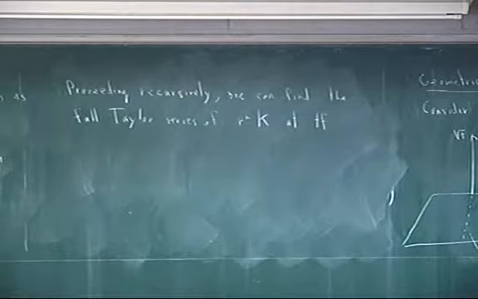Okay. So we don't know yet that the heat kernel exists, but we know that if it exists, the Taylor series has to be given by something that we can actually compute.